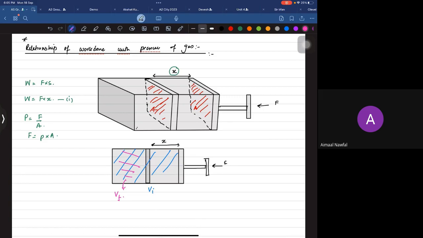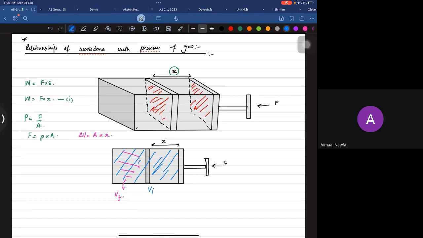So what has this force done? It has caused a change in volume, and that is because of the area times x. Do you guys get it? What I'm saying is, initially it had all this volume available.